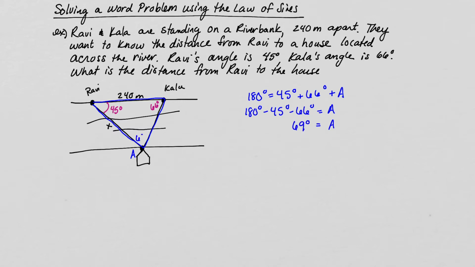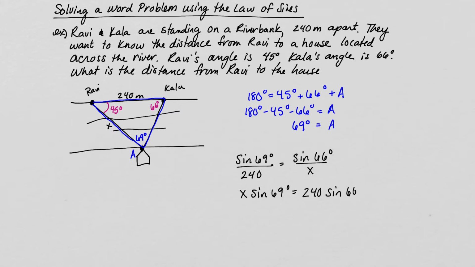So now I know in here is 69 degrees, and now I can use the law of sines. The sine of 69 degrees divided by 240 is going to be equal to the sine of 66 degrees over x. If I cross multiply, x sine 69 degrees equals 240 sine 66 degrees.